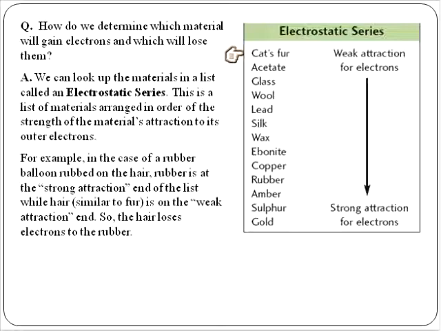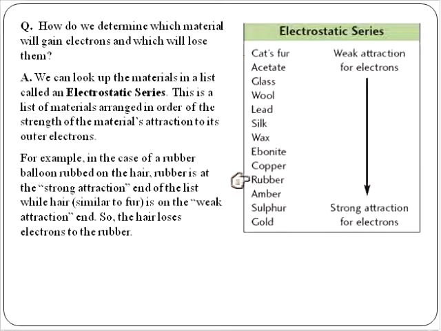The electrostatic series tells us that at the top we have a weak attraction for electrons, and as we move to the bottom we have a strong attraction for electrons. In this example, because rubber is lower on the electrostatic series, rubber has a stronger attraction for electrons than fur or hair does.